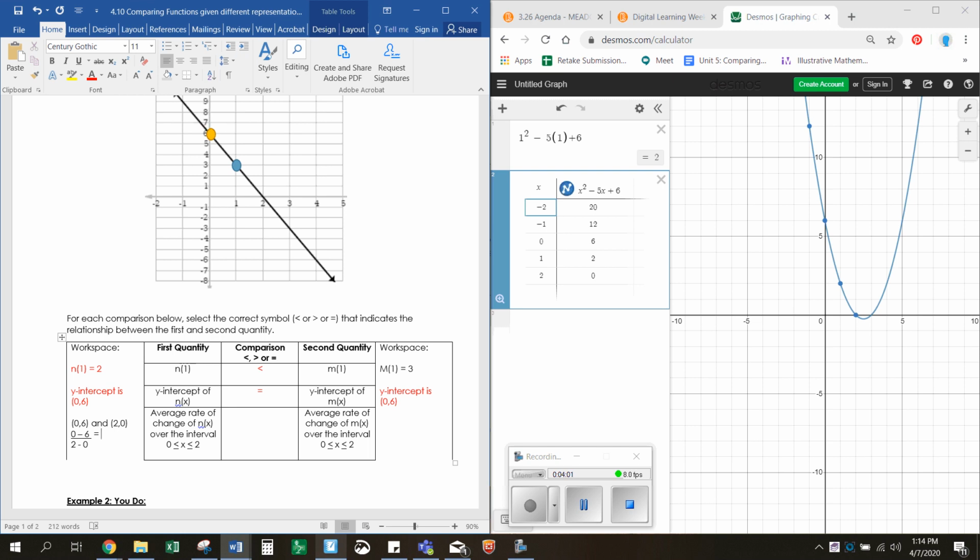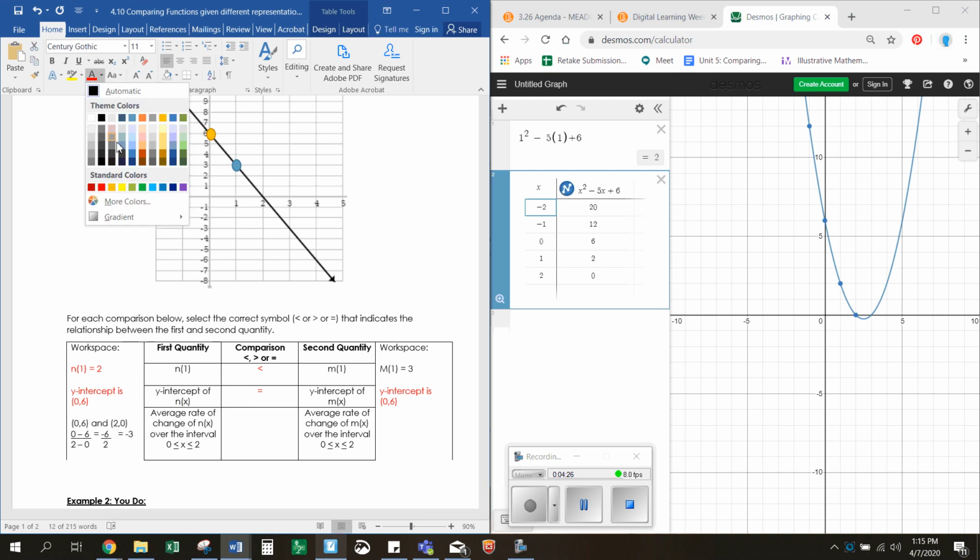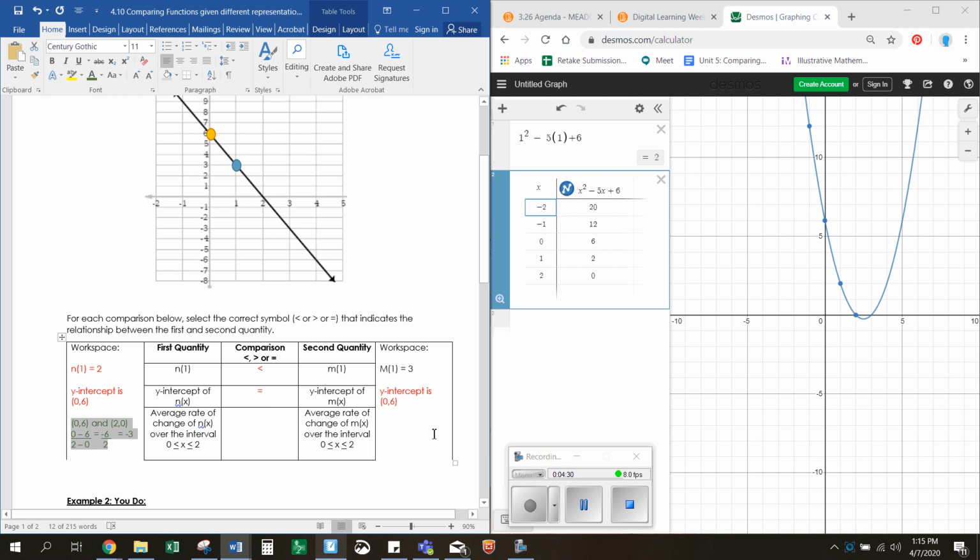All right, and 0 minus 6 gives me negative 6, and 2 minus 0 gives me 2, and negative 6 divided by 2 gives me negative 3, which should make sense because from 0, 6 to 2, 0, I'm going down. So that means that my slope is going to be negative.